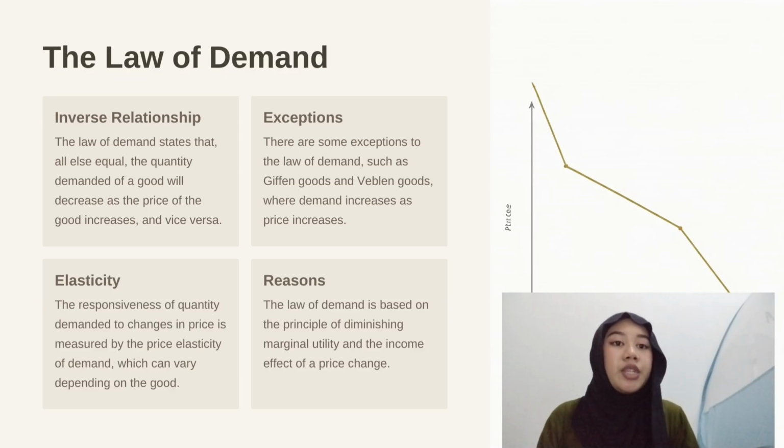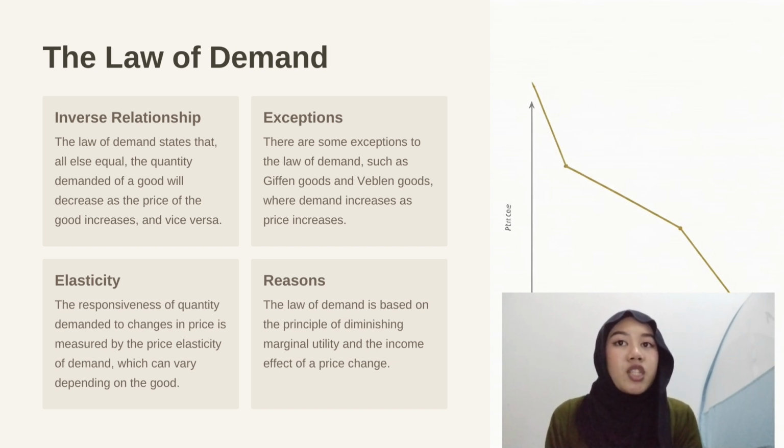Law of demand. Inverse relationship. The law of demand states that, all else equal, the quantity demanded of a good will decrease as the price of the good increases, and vice versa. Exceptions.